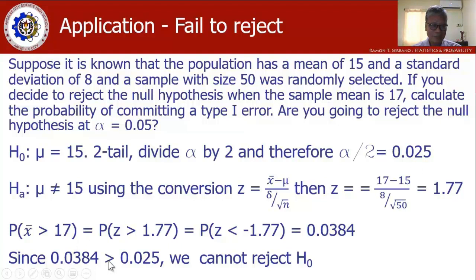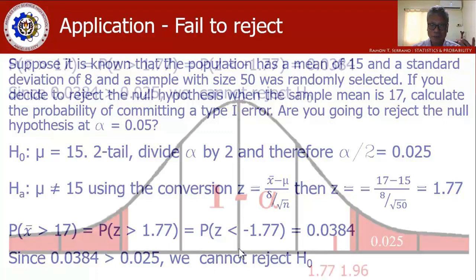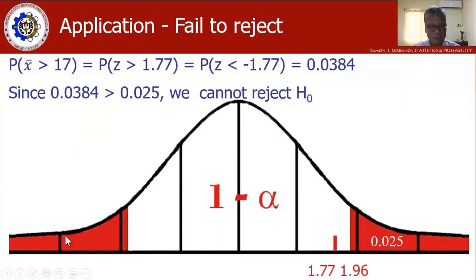And since 0.0384 is greater than 0.025, we cannot reject the null hypothesis. Why did I compare it to 0.025? Because I'm dividing the alpha, the total of 0.05, into 2. So I have 0.025 on the left and 0.025 on the right.